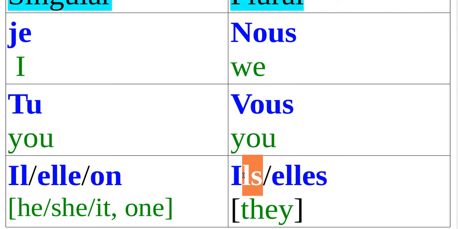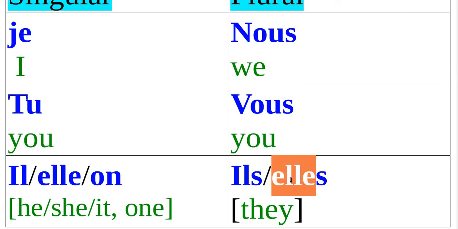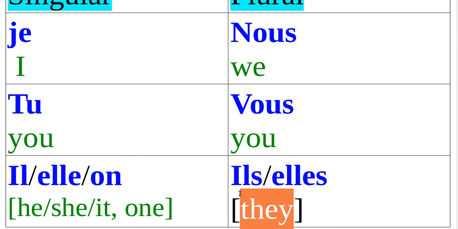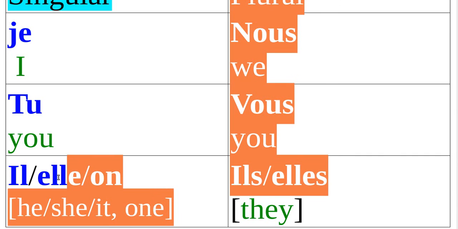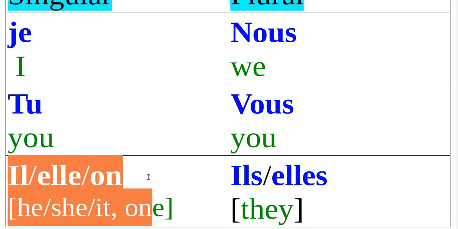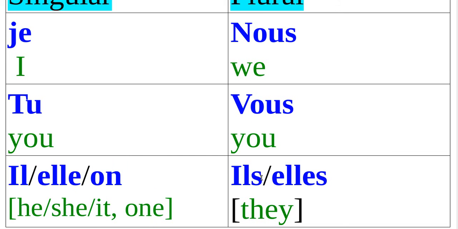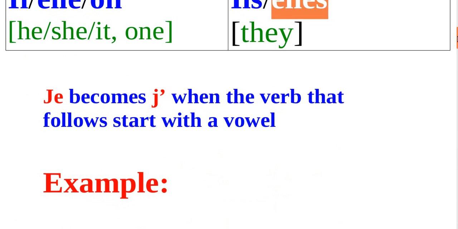Il, and elle, which means they in English. Remember the pronunciation of this. That means that il ou elle ou on, and ils ou elles are pronounced the same way.